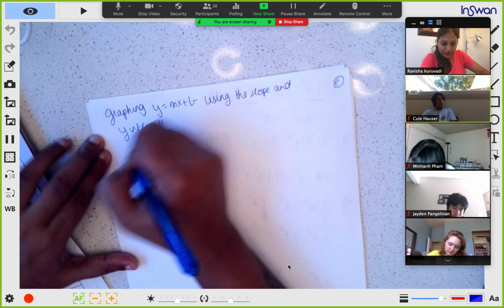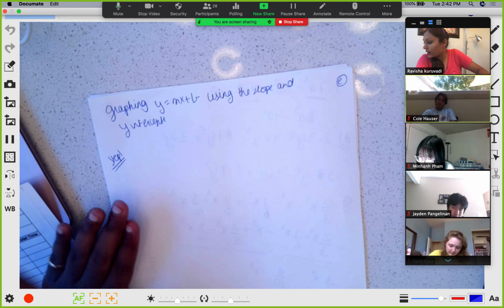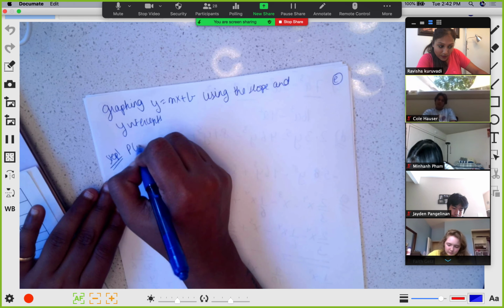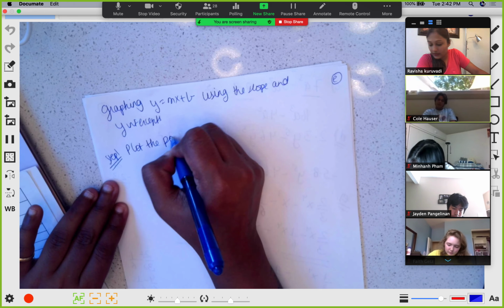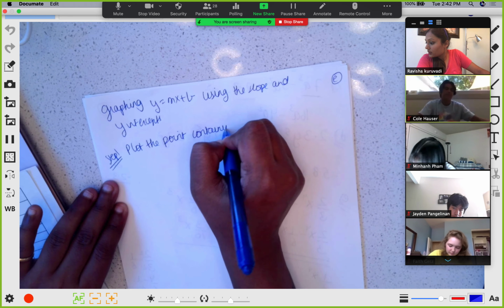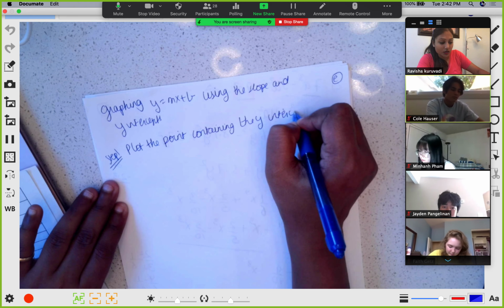Step 1 is plot the point containing the y-intercept on the y-axis.